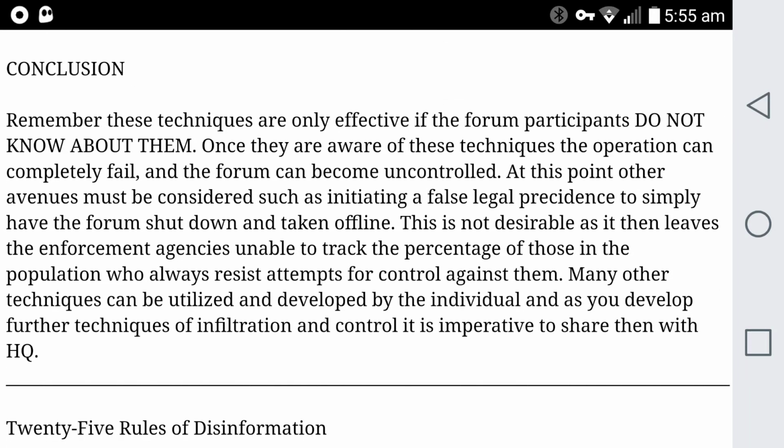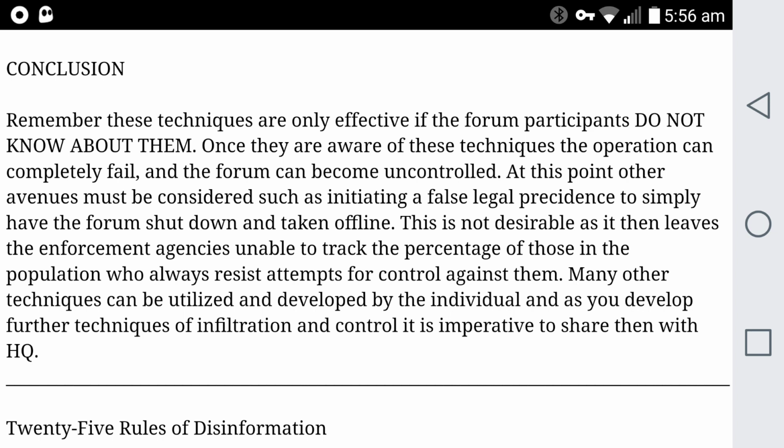Conclusion. Remember, these techniques are only effective if the forum participants do not know about them. Once they are aware of these techniques, the operation can completely fail, and the forum can become uncontrolled. At this point, other avenues must be considered, such as initiating a false legal precedence to simply have the forum shut down and taken offline.